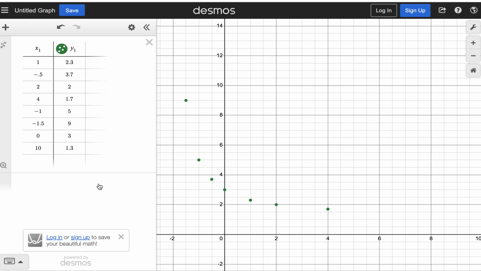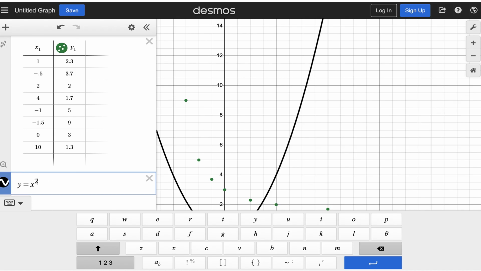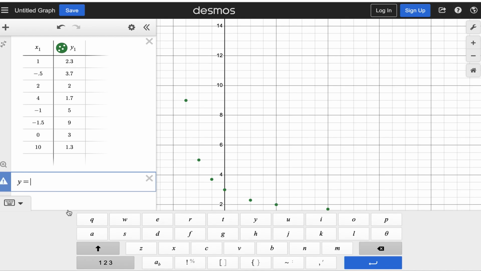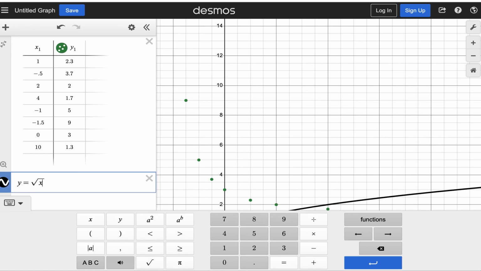And the models we talked about were y equals x, or y equals x squared. That doesn't look like it. We talked about y equals the square root of x.